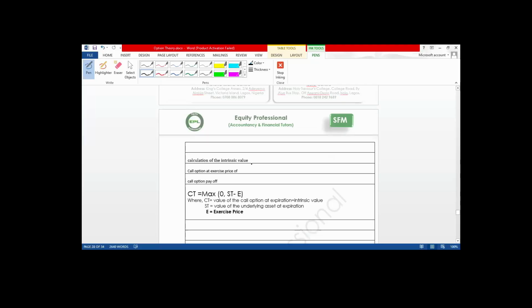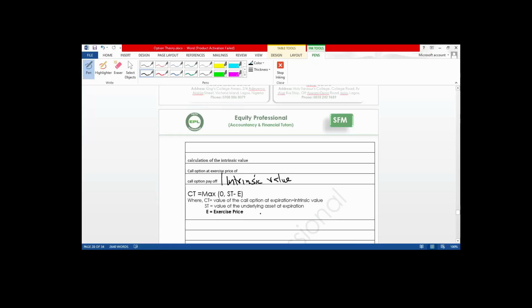Calculation of intrinsic value. You start with call. The formula for call option payoff, call option intrinsic value, is equal to the maximum of 0, comma, ST minus E. This is the value of the call option at expiration, that is the intrinsic value.